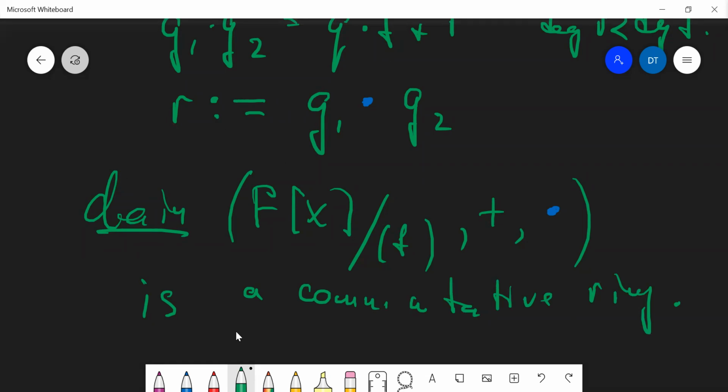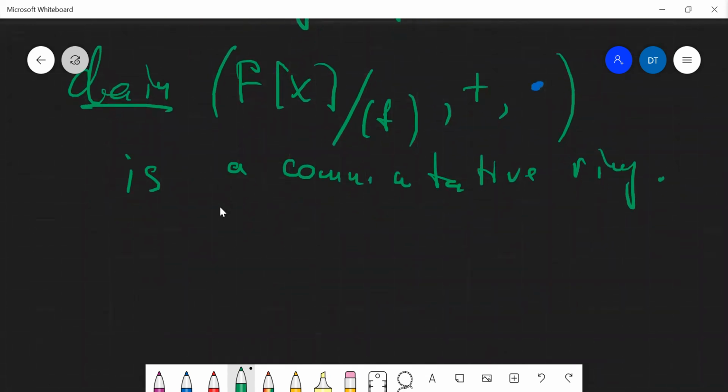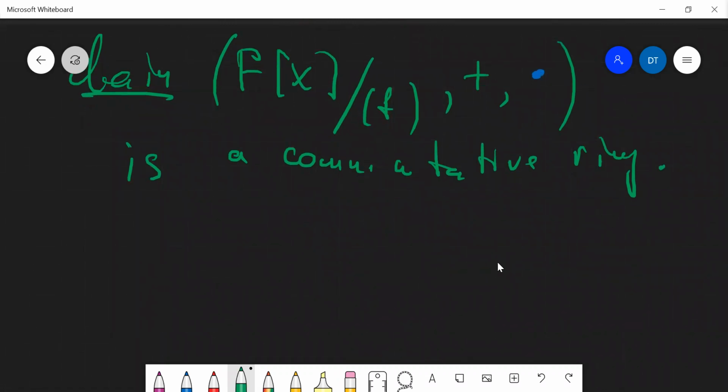Well, we actually need to check all the properties, but I just don't want to do this. I want to specify the zero and the neutral element here. So this is without proof.